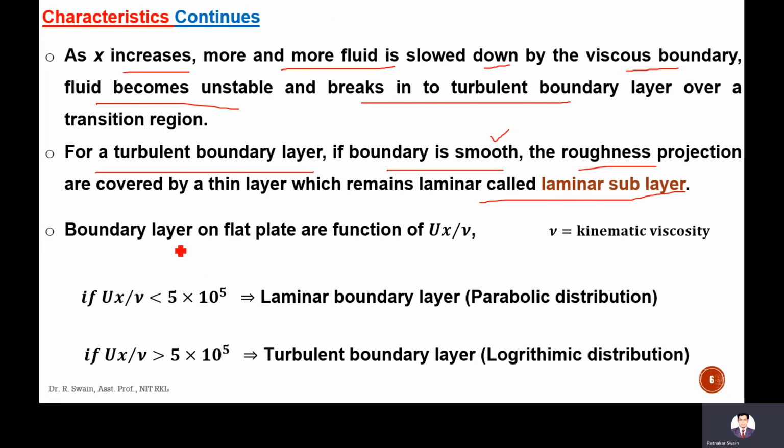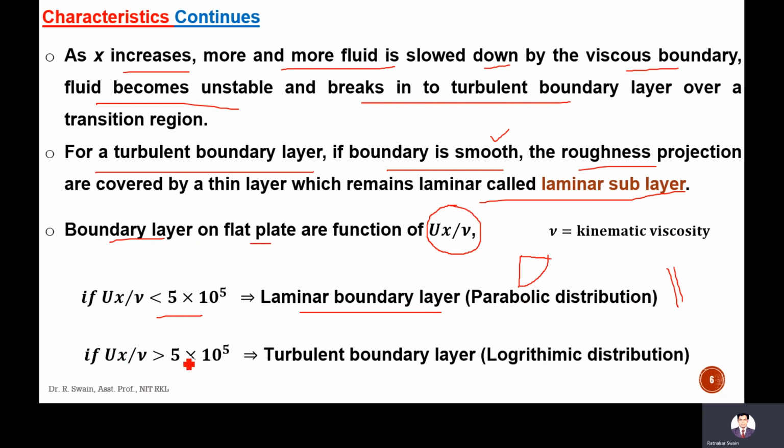The boundary layer on a flat plate is a function of Ux by nu, where nu is the kinematic viscosity, U is the flow velocity, that is the free stream velocity, and x is the distance from the leading edge. If this Ux by nu value is less than 5 into 10 to the power 5, then the boundary layer is called a laminar boundary layer, and the velocity distribution will be parabolic.